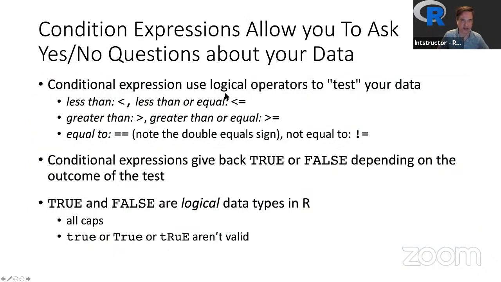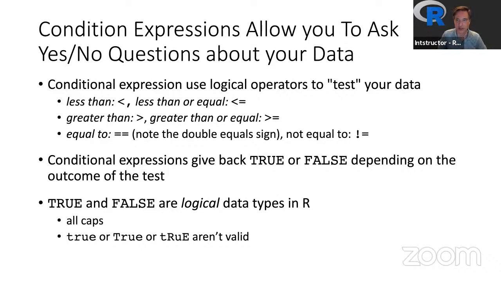Less than or equal looks like two characters together. It's the less than sign and then the equal sign that come together, no spaces between them. Same thing with greater than. We can also check for equality. In this case, we have to use the double equal sign, because I think somebody had asked a question earlier about variable assignment and whether we can use a single equal sign instead of that arrow to assign variables.